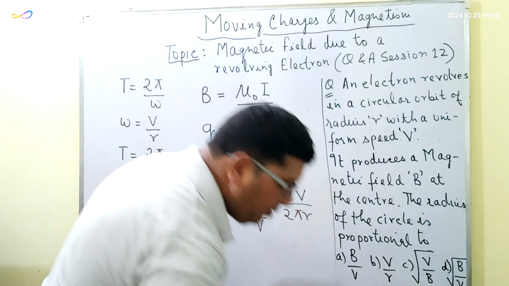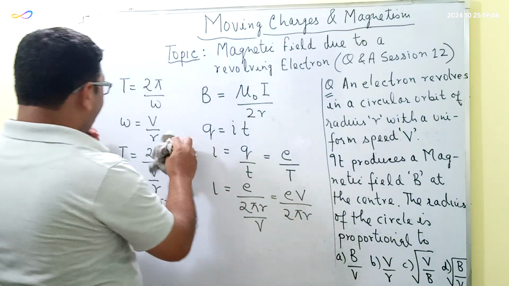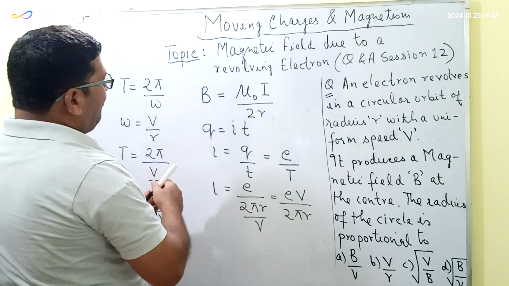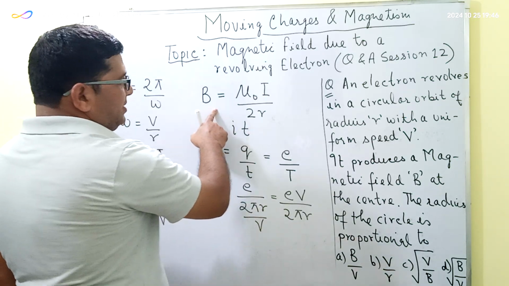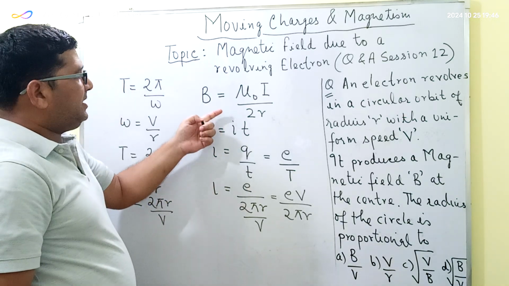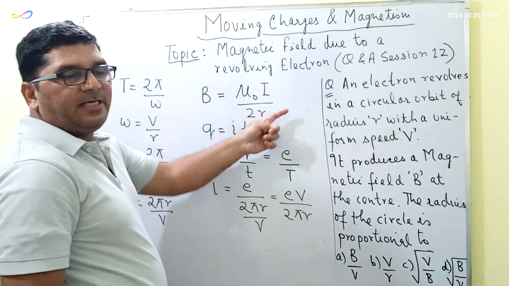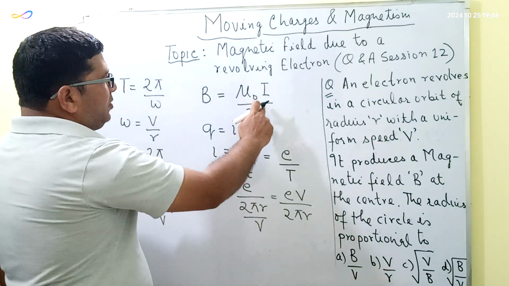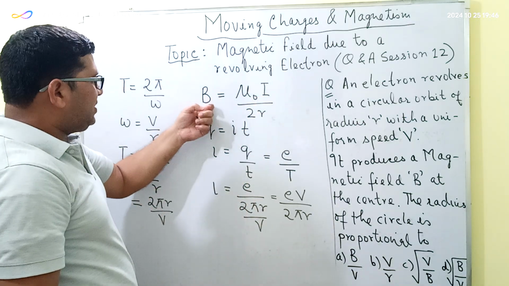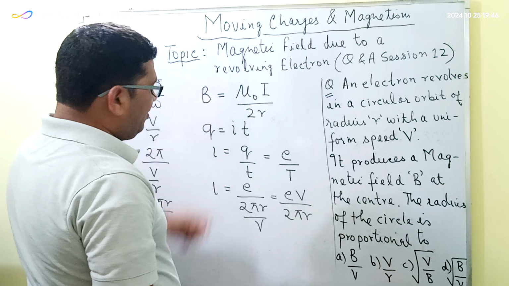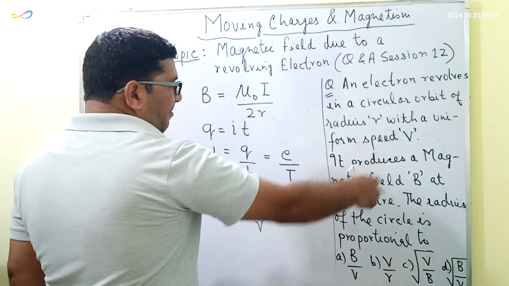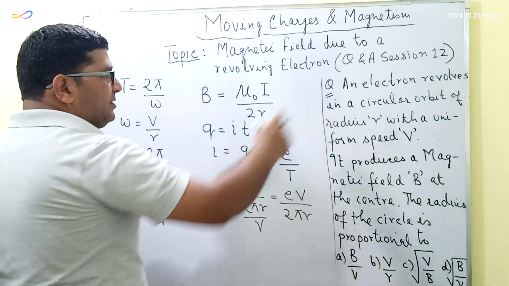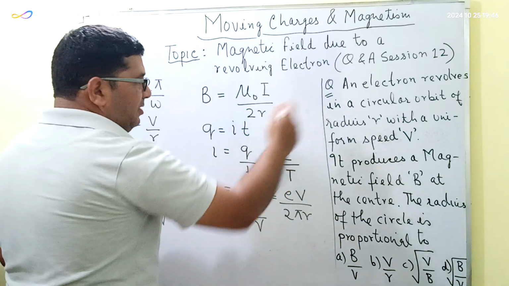Now we know that the magnitude of the magnetic field at the center of a current carrying circular coil is equal to mu naught I upon 2r. I will use this equation to find the magnetic field at the center of this circular orbit.